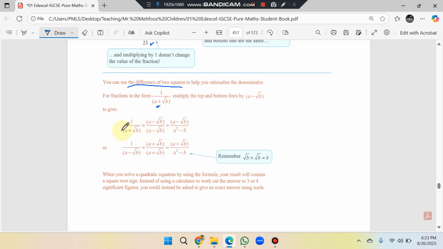So 1 over a plus square root of b multiplied by a minus square root of b over a minus square root of b becomes a minus square root of b multiplied by 1, that is as it is, a minus square root of b, and in the denominator we have the formula, that is a squared minus b, right? This is your solution.